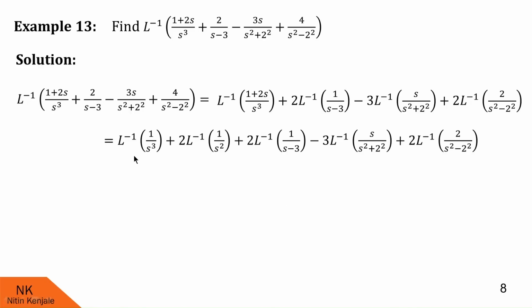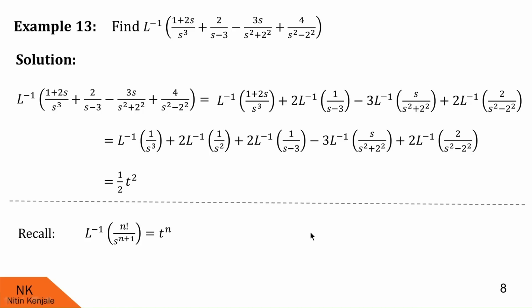Now let us write the inverse Laplaces of all these functions. In my previous examples, we have already seen what is L inverse of 1 upon s cube, 1 upon s square and so on. If you don't remember their formulas, you can refer to the recall section over here. So L inverse of 1 upon s cube is nothing but t square by 2.